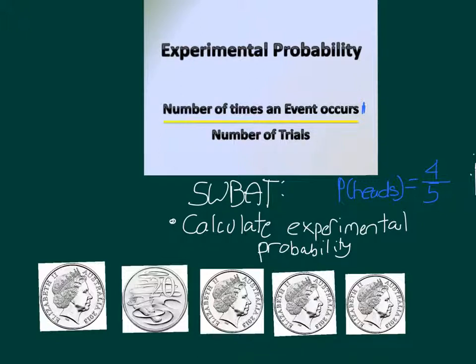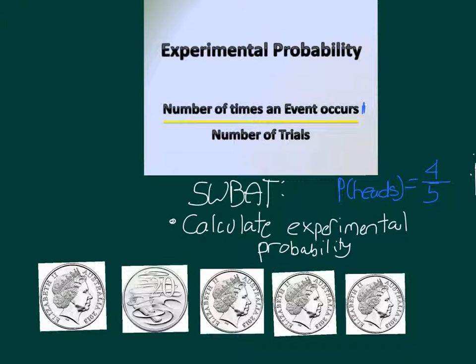Now note that this is actually quite a bit larger than the theoretical probability. Now the theoretical probability of getting heads is still a half. This coin still has half or 50% chance, half probability of landing on heads each time I toss it. It's just in this case I happen to get more heads, okay?